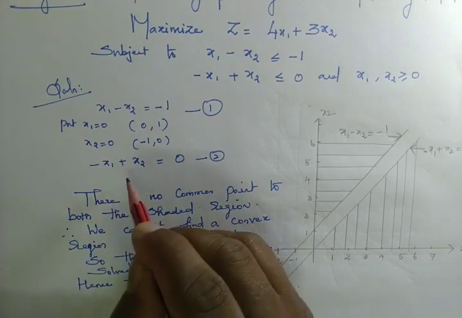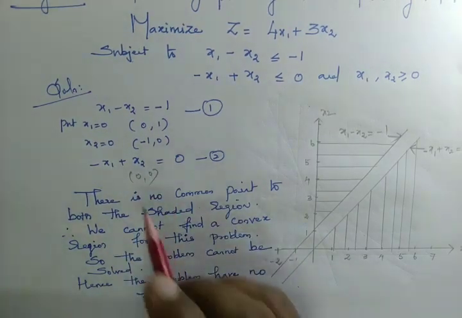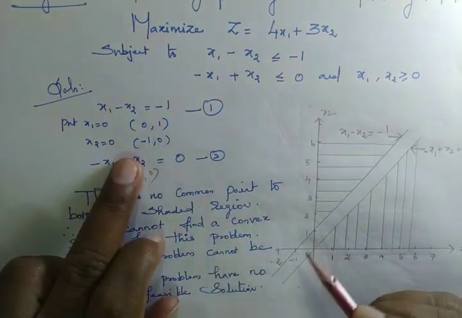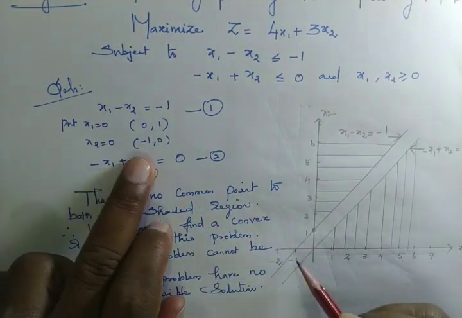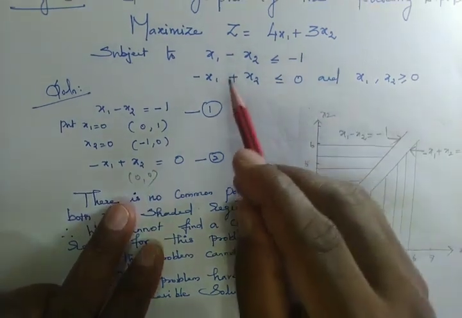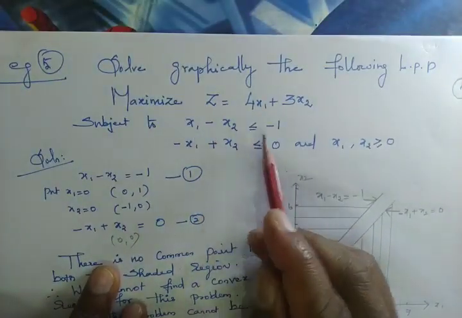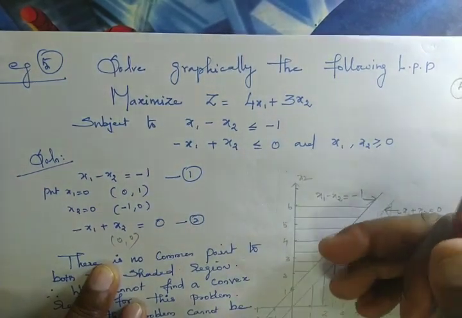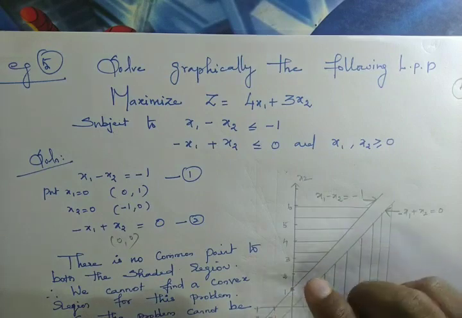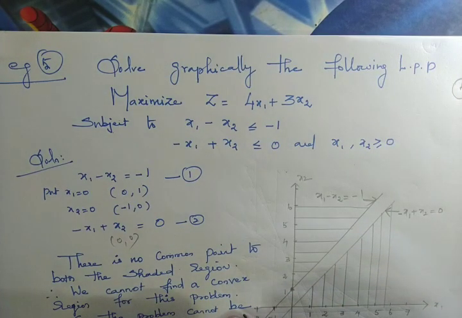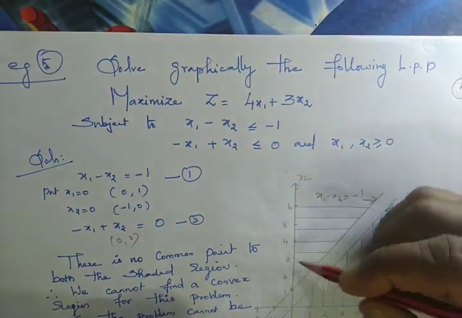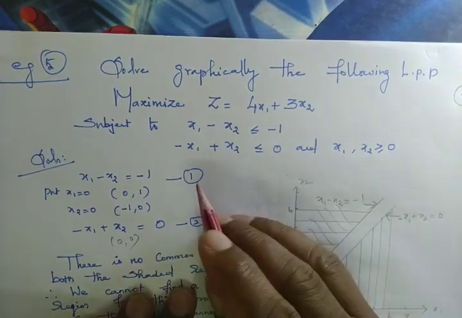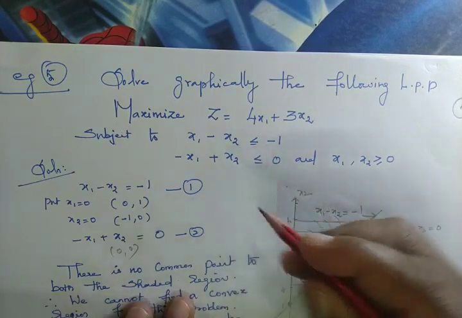Here everything comes to (0, 0), so this line passes through the origin. Now plot the point (0, 1), and the second one is (minus 1, 0). The constraint says x1 minus x2 less than or equal to minus 1, and less than minus 1 means minus 2, minus 3, and so on. So this portion is x1 minus x2 less than or equal to minus 1.